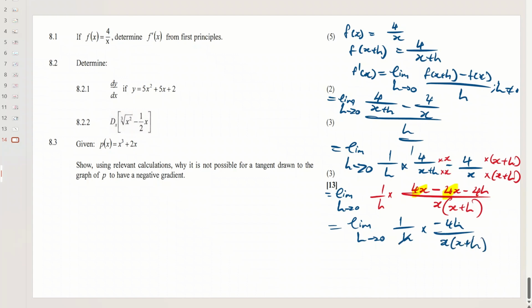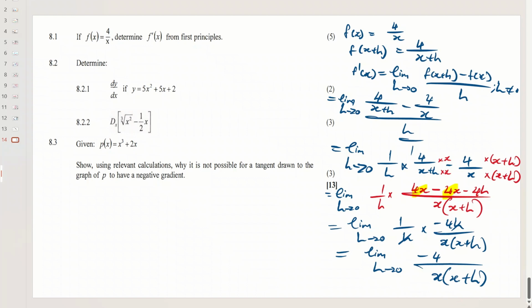So now this part here and the top one, rationalize. So now you got rid of that. So now you have the limit as h approaches 0 of negative 4 all over x, and then x plus h. So now we reach the stage where we have to plug 0 where there is h.